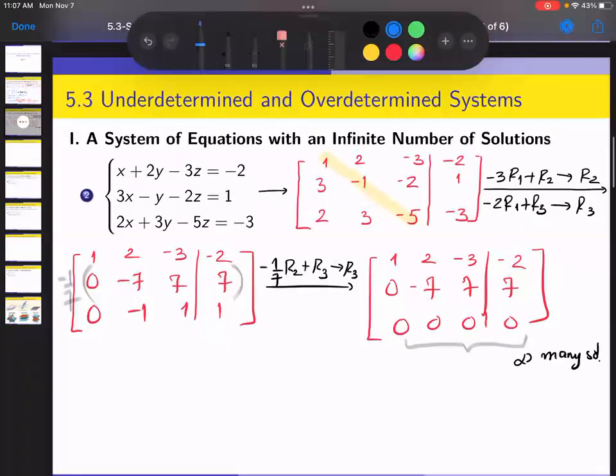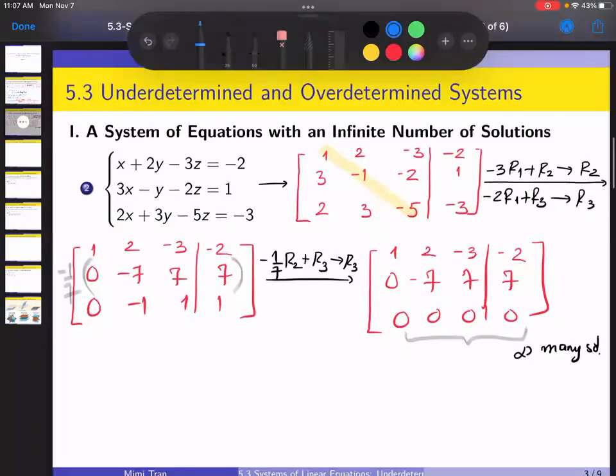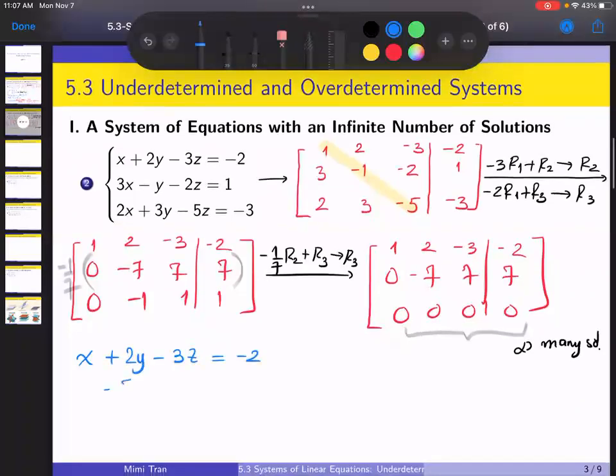And what you do next, you back substitute. 1x, let's just say x here, plus 2y minus 3z equals -2, -7y plus 7z equals 7.